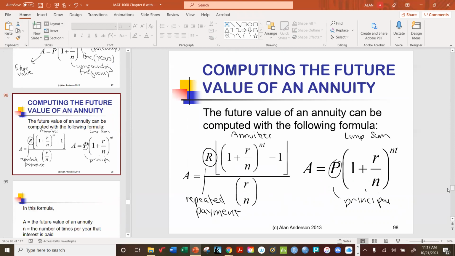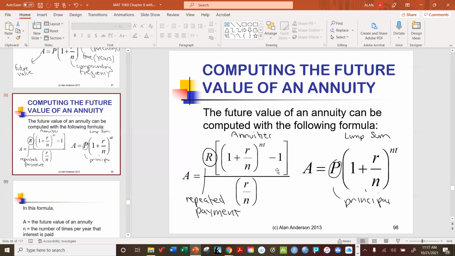The one on the right only applies to a single payment or cash flow, P. This is used if I borrowed P dollars or if I've lent P dollars. Either way, this is only going to happen once. On the left, what happens now is this capital R replaces the P, and it is an indication that this R is repeated multiple times, possibly once a year.